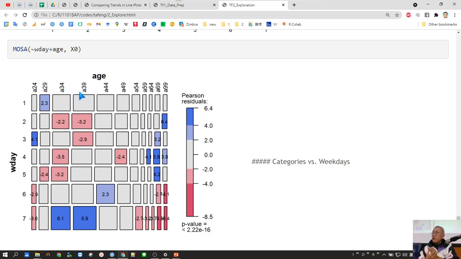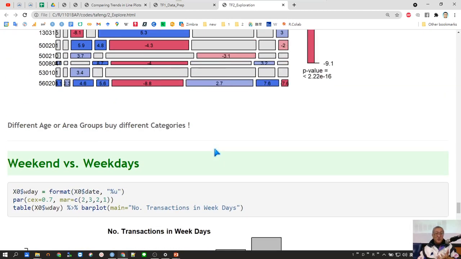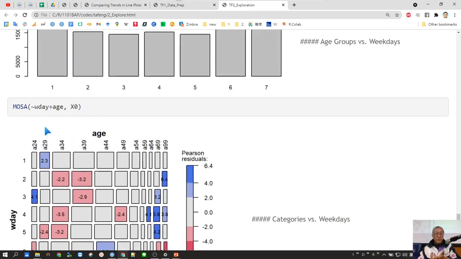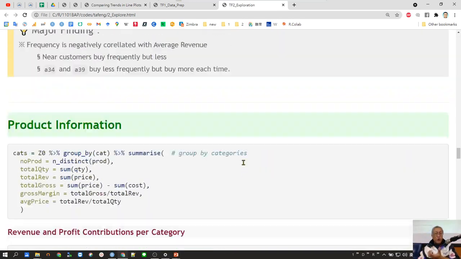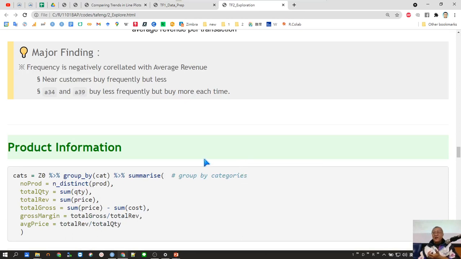So this is important to marketers. You want to know, when you have this mosaic plot chart, it helps you do the joint distribution for more than one categorical variable, right?